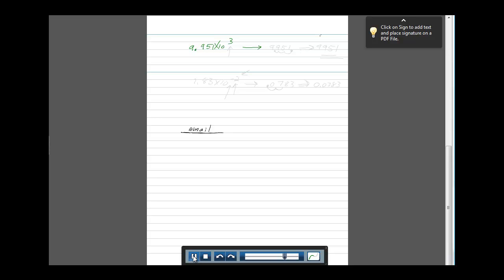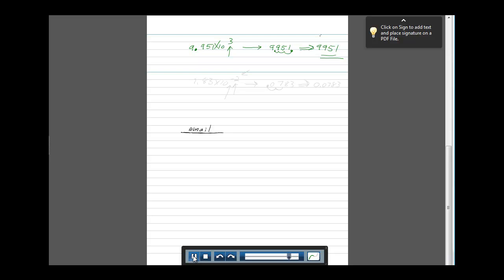Again, we have our number with our decimal point right after the first non-zero digit, and we're going to move it 3 places. Now, since this is a positive exponent, the number is larger than 1, so we're going to be moving it to the right. So that would be 9951, and we move it how many spaces? It was here, we're going to move it 1, 2, 3. And so our number then becomes 9951.